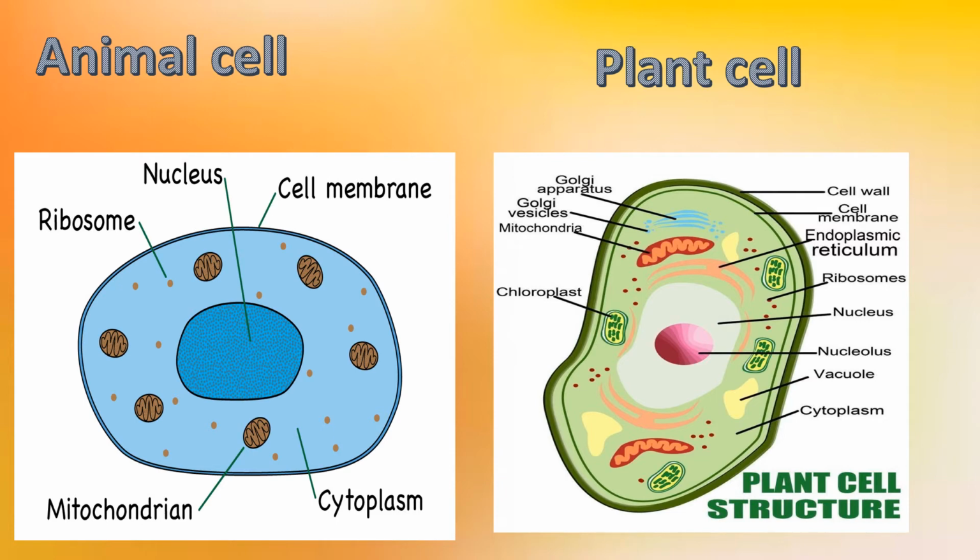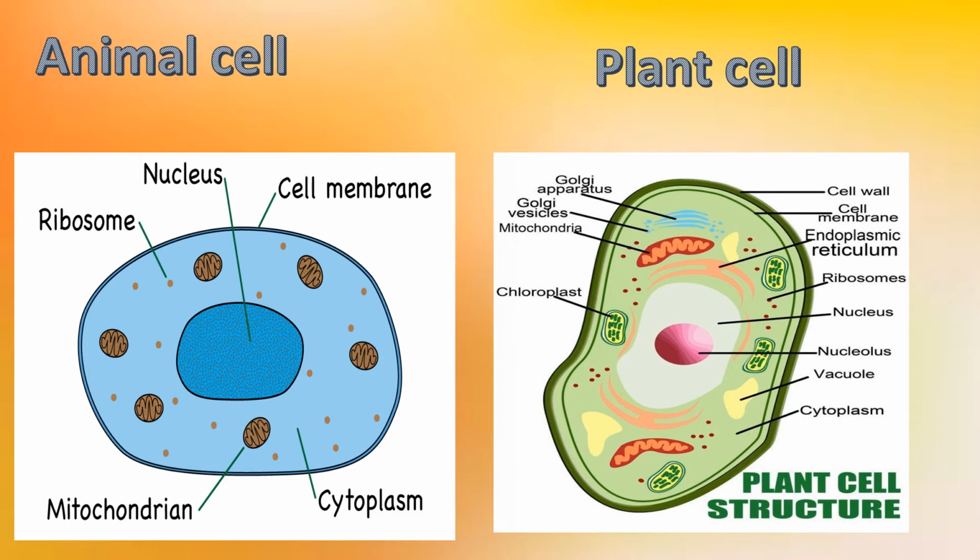It is temporary, not permanent. Plant cell has a permanent vacuole. Why are plant cells green in color? Because they have chloroplast. But animal cells, can we see chloroplast? No, we cannot see chloroplast in animal cells.